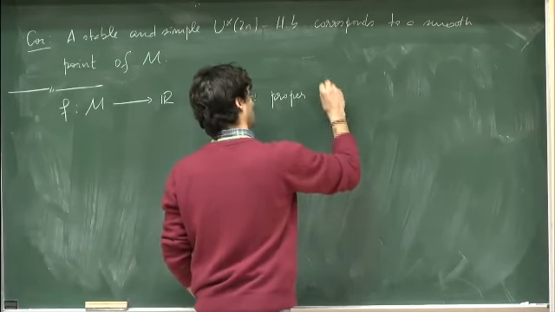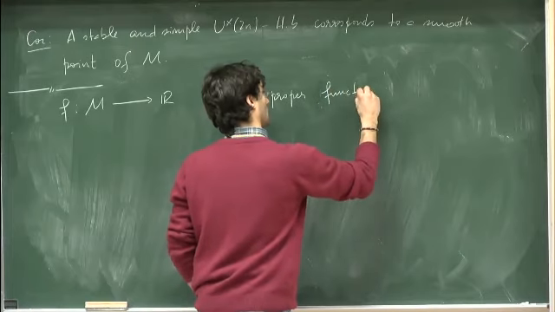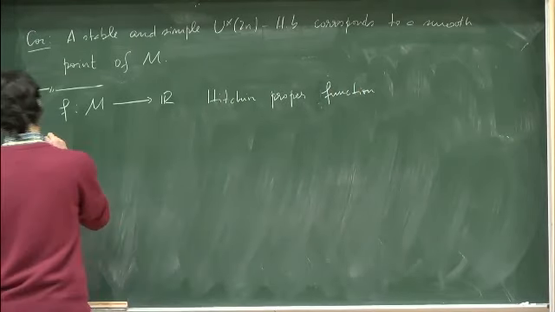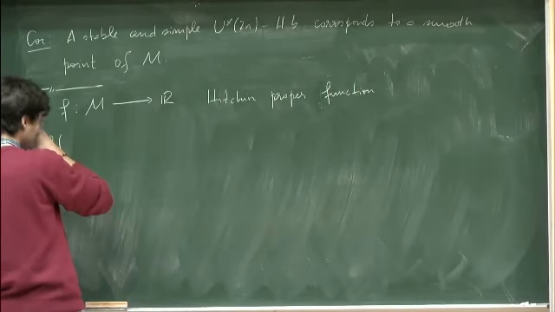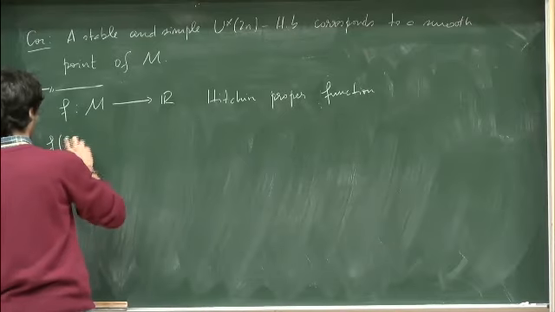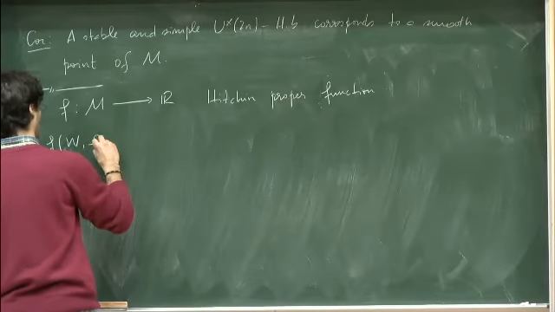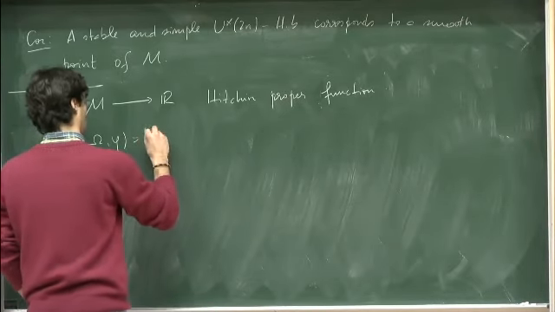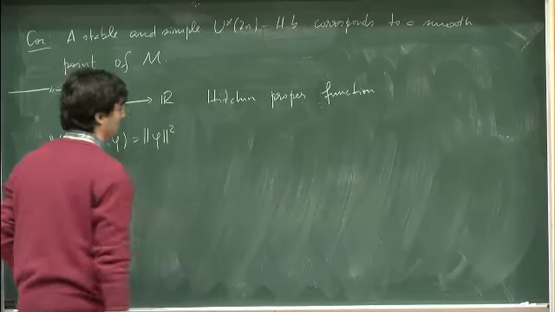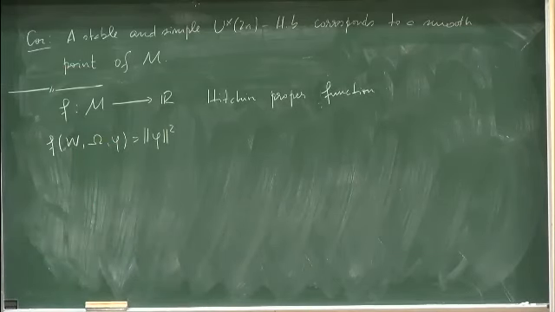It is just given by taking the square of the norm of phi.